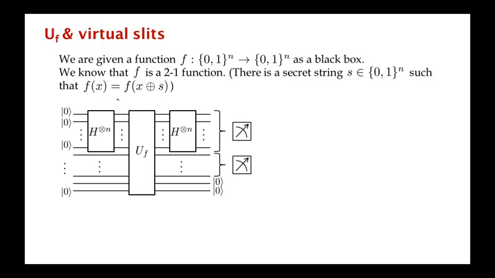And what does this quantum circuit for computing f do? Remember, at this point we had a superposition over all x, n-bit strings of x. At this point, what we do is imagine just moving this measurement on these qubits back here. So what do we end up with? Well, we measure these qubits, and now the first n qubits are in some superposition 1 over square root 2 of r plus 1 over square root 2 of r plus s.